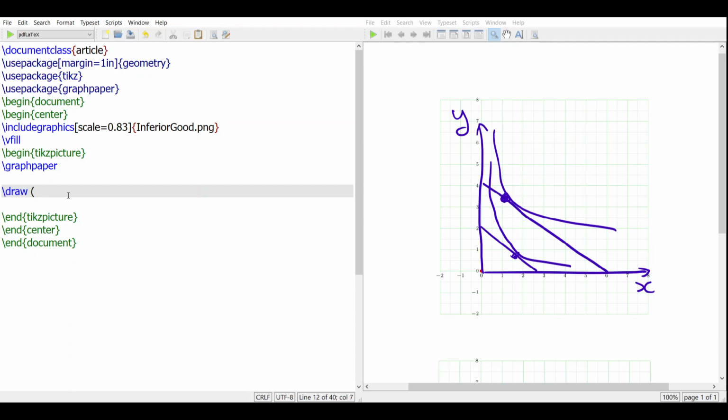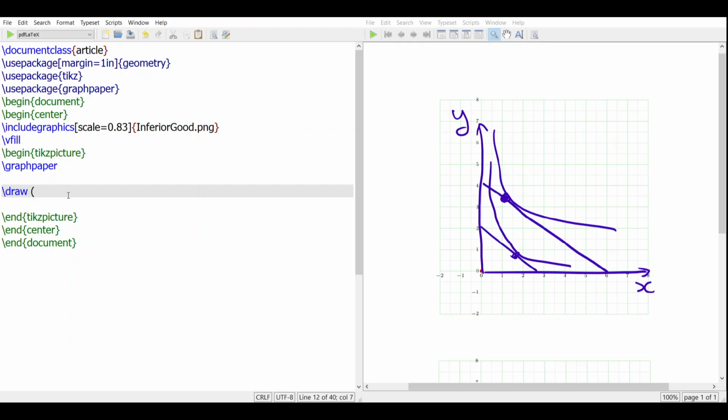This is the line, but we are going to add the label here, and then we are going to draw an arrow with a thick line, and then let's see the other one.